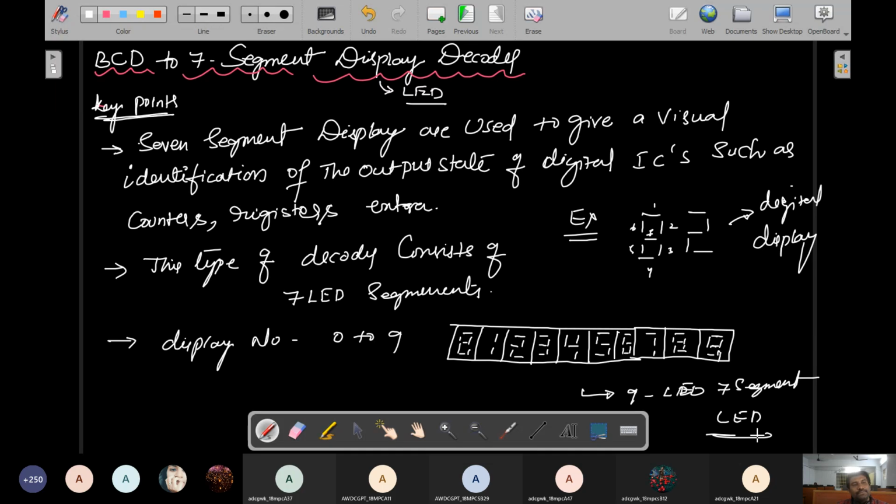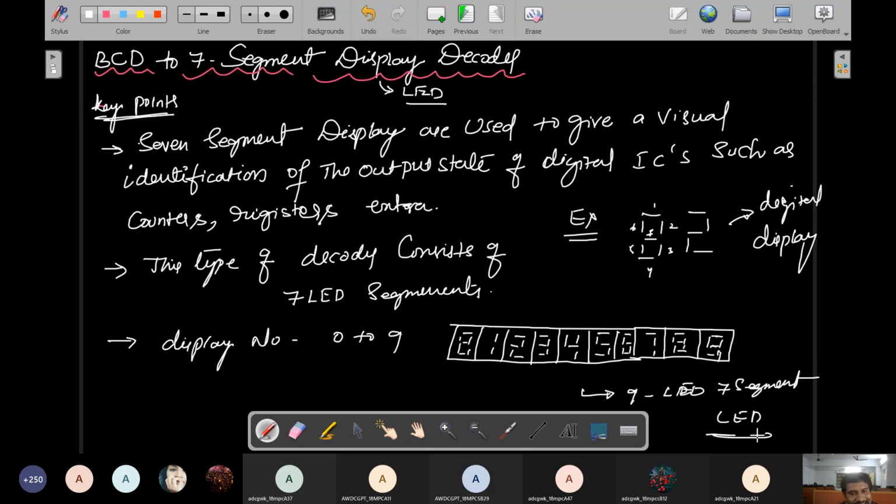Understand, everybody? These are the key points of BCD to 7-segment display decoders. Generally, you can observe this in digital watches or digital calendars, or otherwise in calculators.